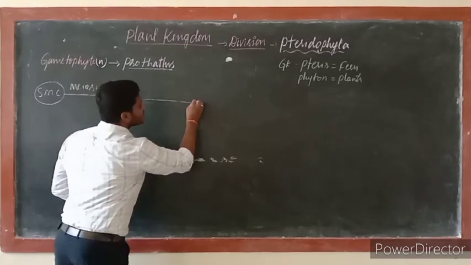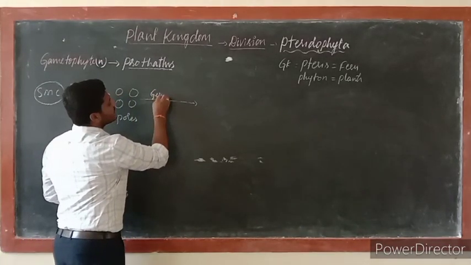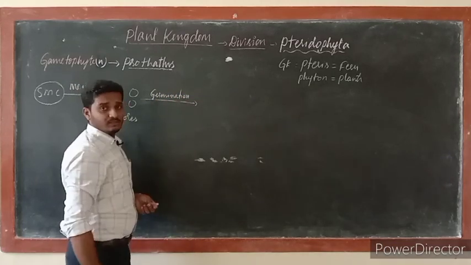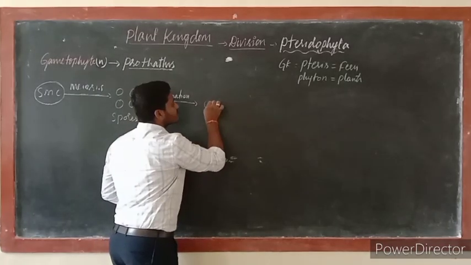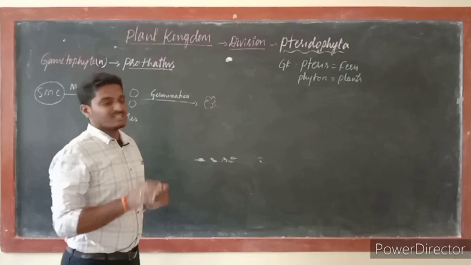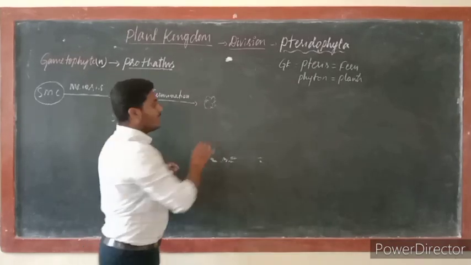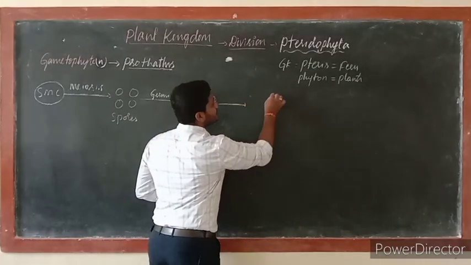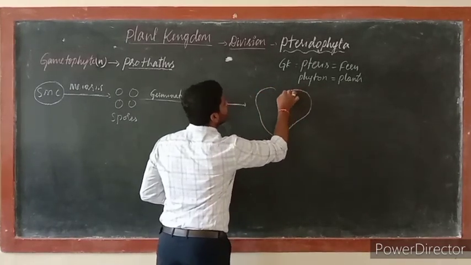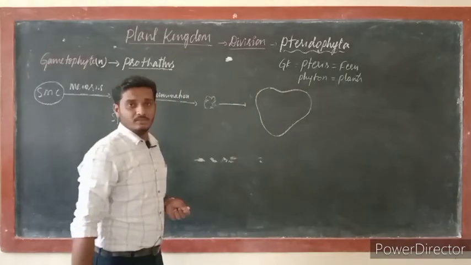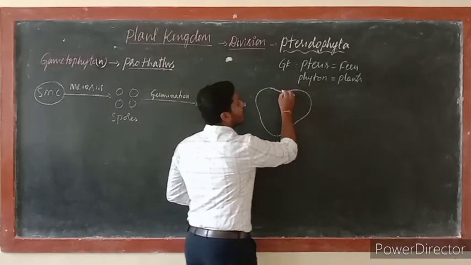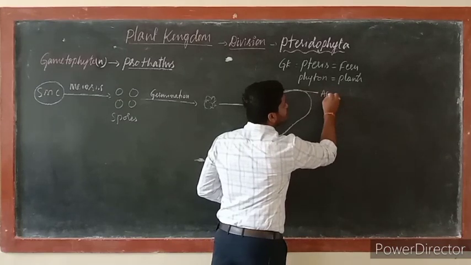These haploid spores undergo germination, initially producing a small prothallus, and the prothallus develops into a heart-shaped structure. Between the two lobe-like structures, there is a point called the apical notch.